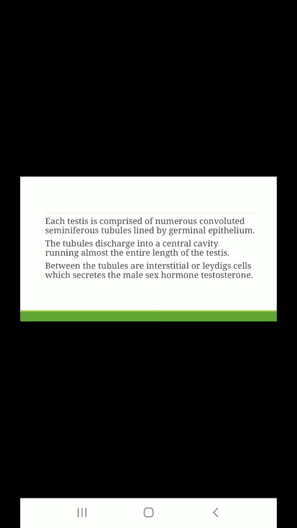Each testis has numerous convoluted seminiferous tubules lined by germinal epithelium. The tubules discharge into a central cavity running almost the entire length of the testis. Between the tubules are interstitial or Leydig cells, which secrete the male sex hormone, that is testosterone.